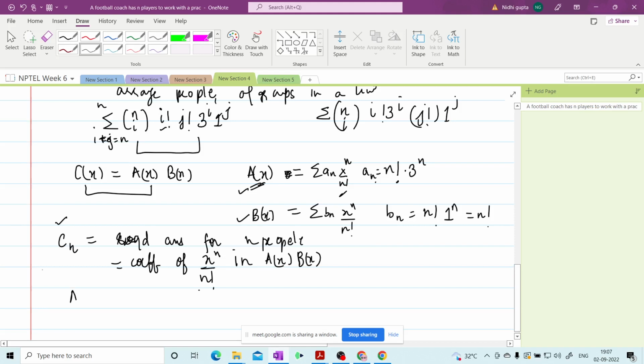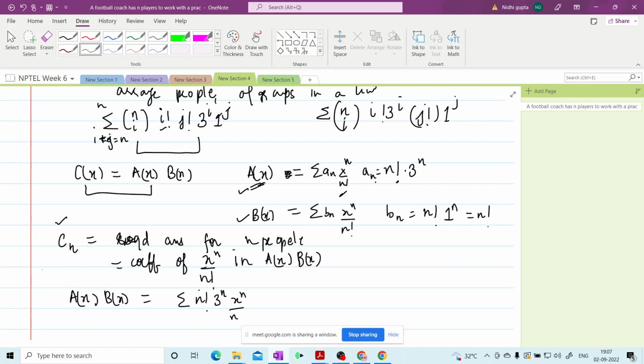So what is Ax Bx? Ax was the sum over n of n factorial 3 to the n x to the n by n factorial, and Bx was the sum over n of n factorial x to the n by n factorial.